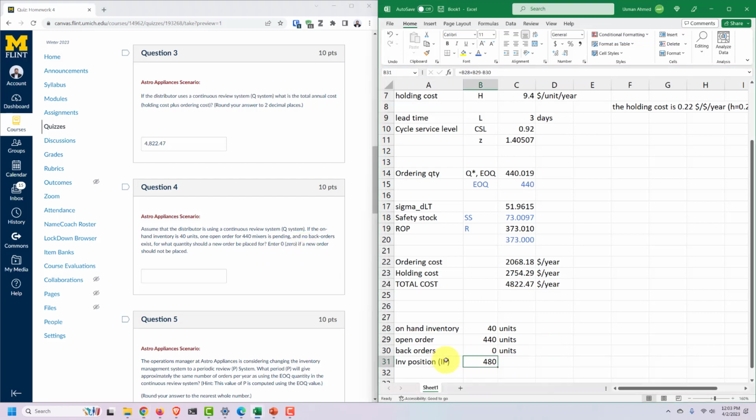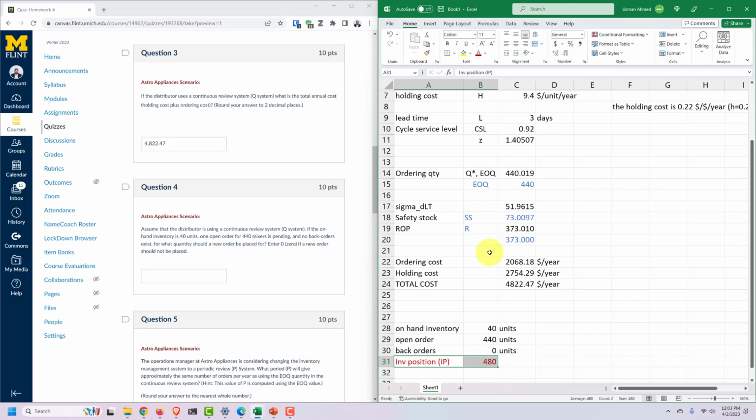Should a new order be placed? So we compare the inventory position with our reorder point. How does the reorder point of 373 compare to the inventory position of 480? Inventory position is more than the reorder point. 480 is a bigger number than 373, so we will not place a reorder.